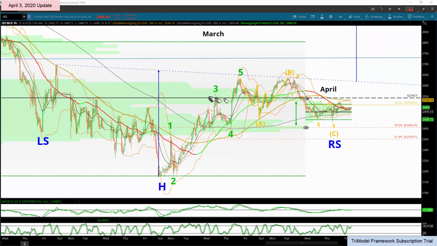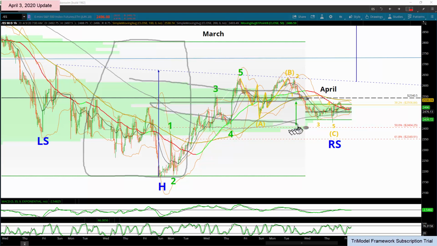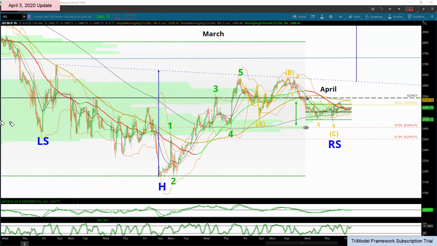First of all, this whole area is the April volume profile. And it's got 2 important areas to keep an eye on. This high volume bar, you see this here? It's a double distribution. This high volume bar and this high volume bar are our support and resistance.